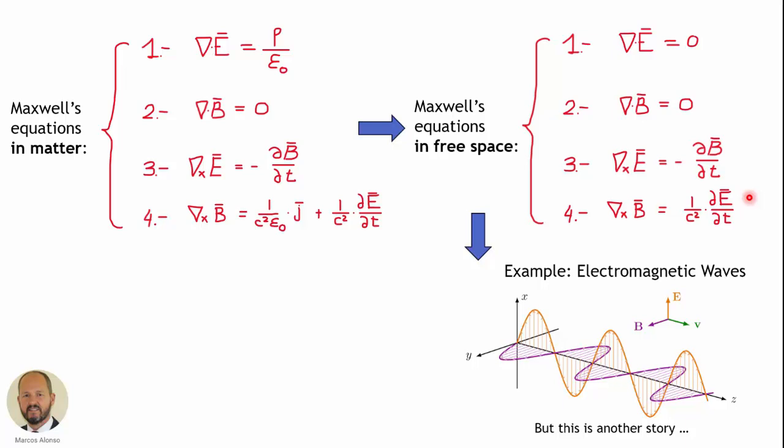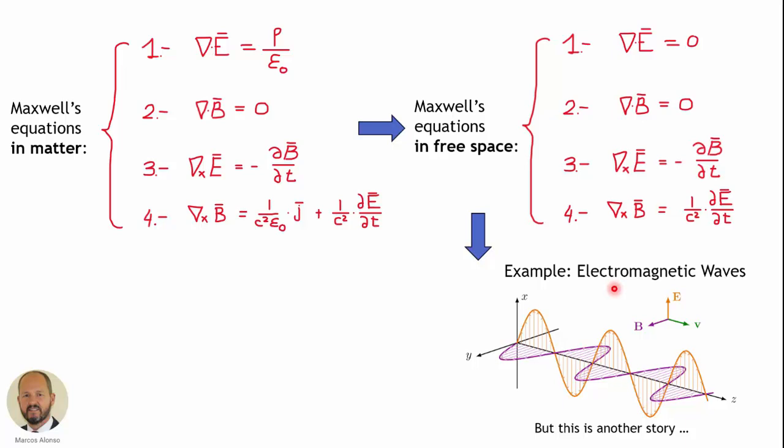So the conclusion here is that we can have electromagnetic fields in free space also. One example of this are the electromagnetic waves, in which we have an electric field and a magnetic field in a wave that is traveling in free space and transporting energy in free space. For example, the light that comes from the sun to the earth goes through the free space between the sun and the earth.